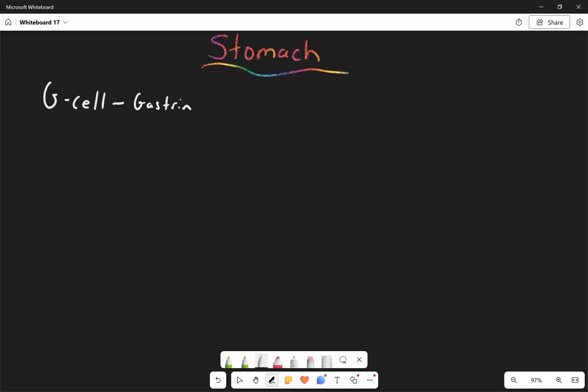Gastrin, G. And it is secreted as a result of the presence of amino acids inside of the stomach. So amino acids and peptides in the stomach, picked up by sensory receptors, stimulate the release of that gastrin.